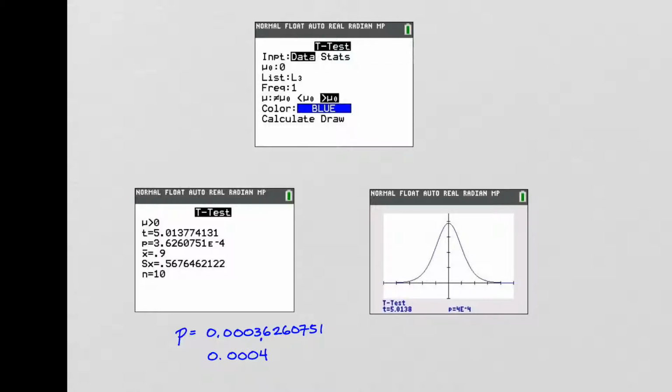So that's our p-value. You can see it also here if you choose draw, and our test statistic is 5.01. You can see that either place here. So either calculate or draw, either one is fine to do.